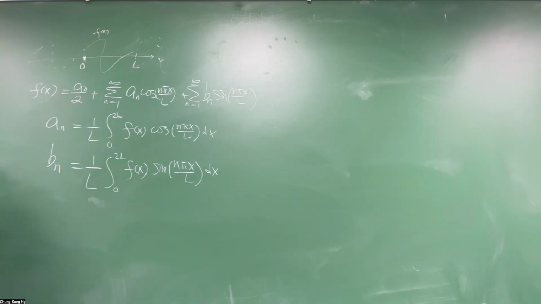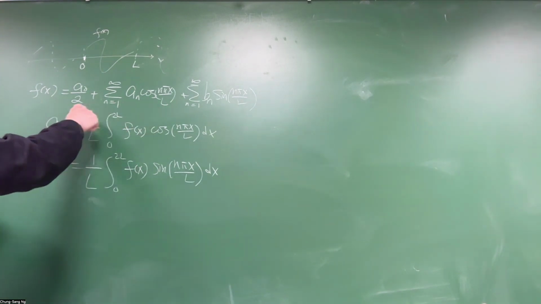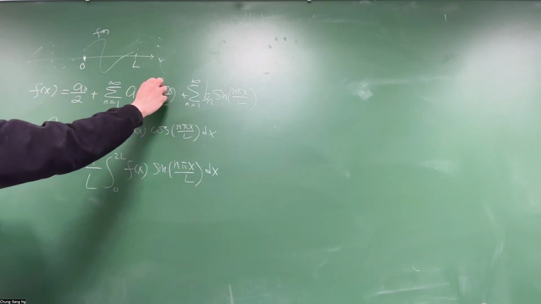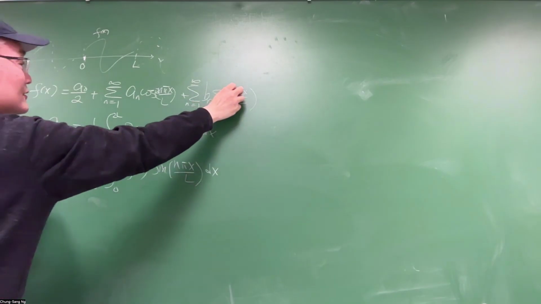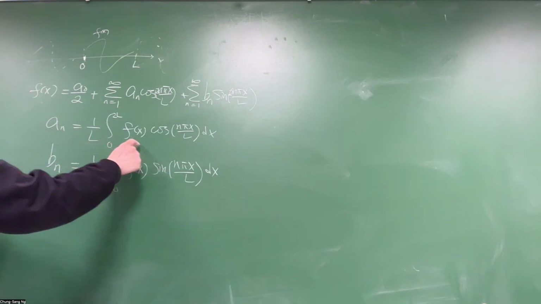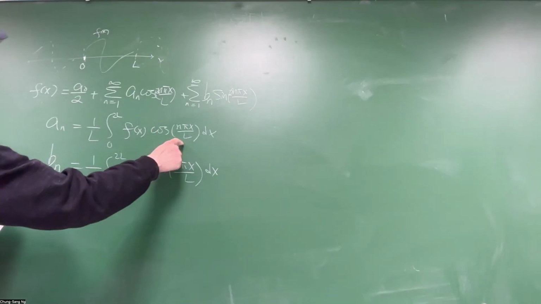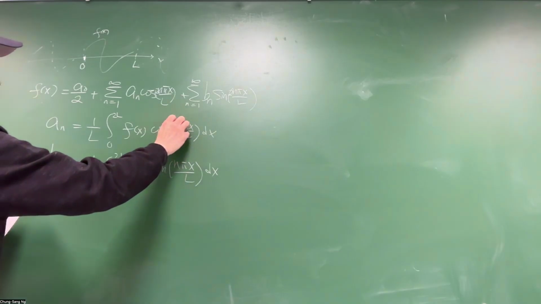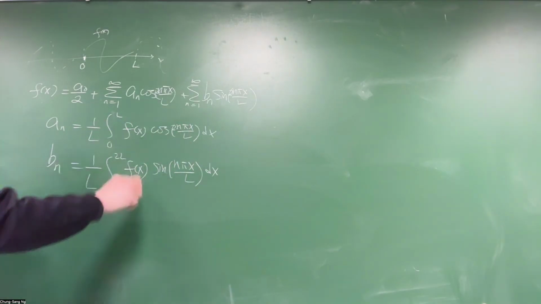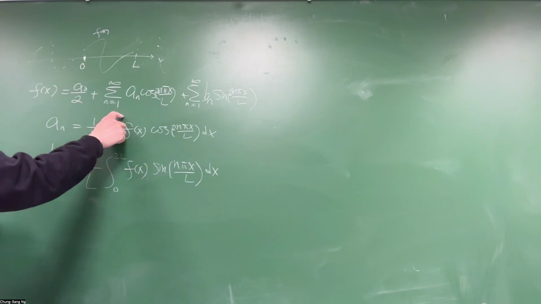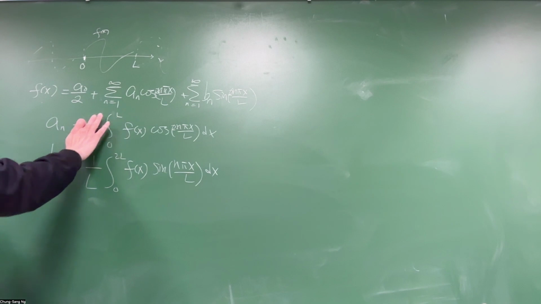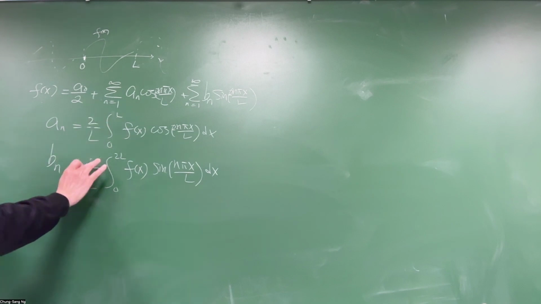Can you follow the argument? So this L becomes L over 2, and you have a factor of 2 here. All these formulas you also change, so this L changes to L over 2, because you can just integrate from 0 to L, and then just change to L over 2.